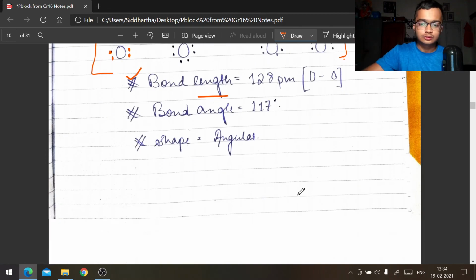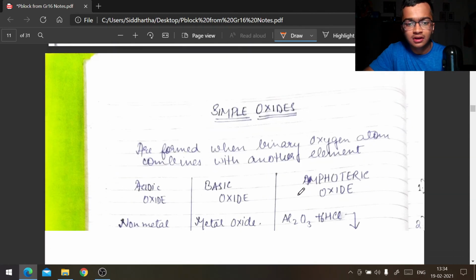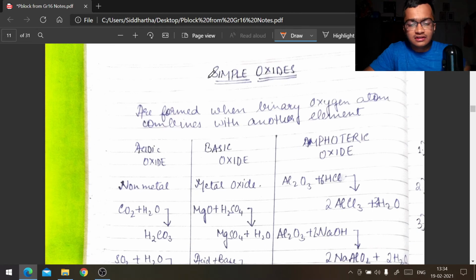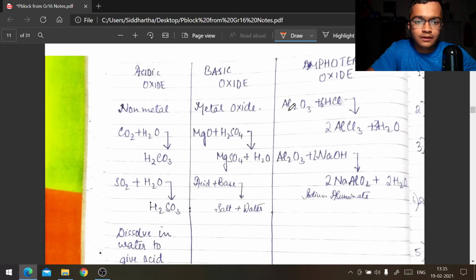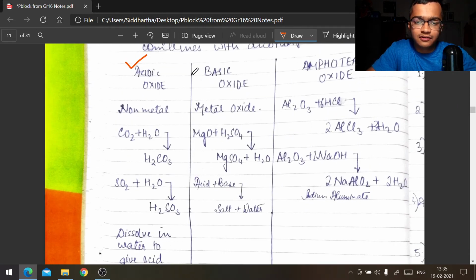Coming to the next portion, which is the simple oxides. Simple oxides are formed when oxygen combines with another element. They are acidic oxides, basic oxides and amphoteric oxides.